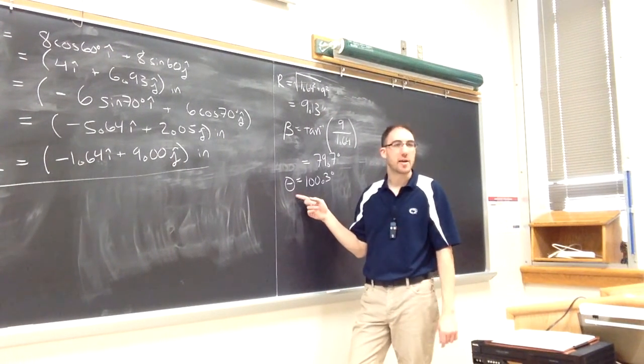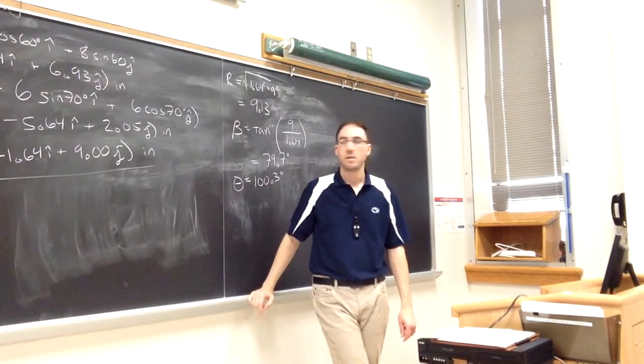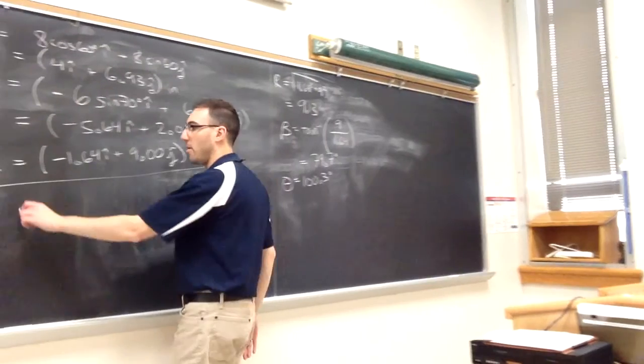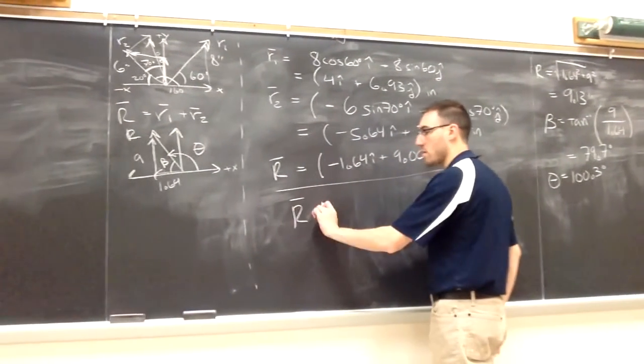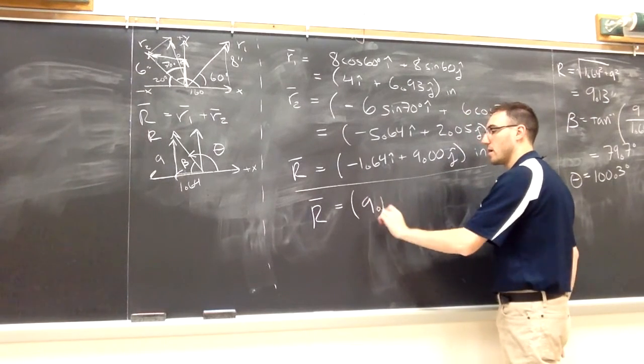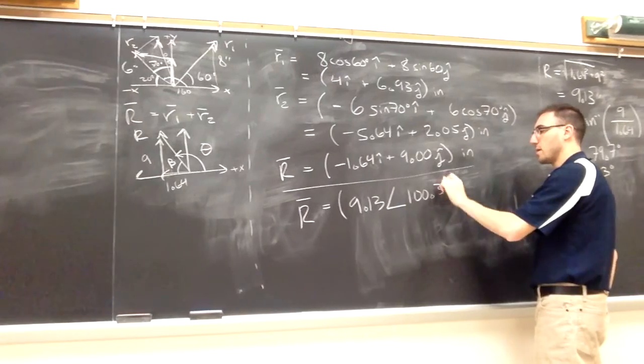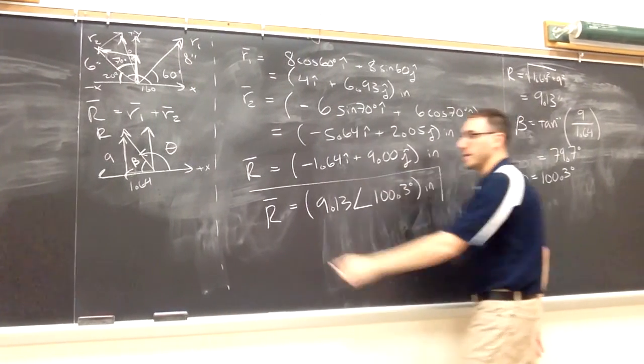Questions on finding that angle theta? Right, putting this together to find the polar expression for R, it's going to be its magnitude, 9.13, at an angle of 100.3 degrees, in inches.